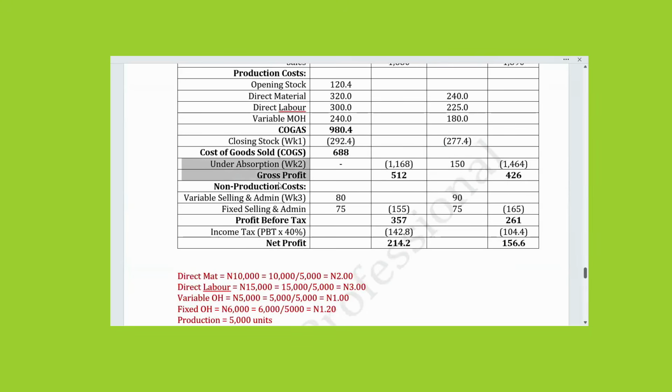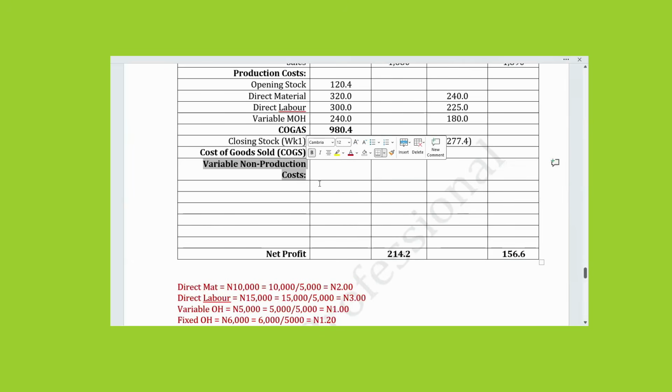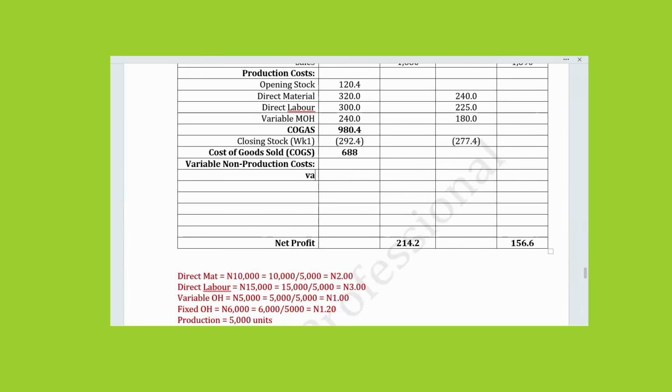Now, every other thing here will not work again. So we have to recalculate it. Immediately after our cost of goods sold using marginal costing approach, what do you consider? Variable non-production costs. In the question, we only have one variable non-production cost, which is variable selling and admin expenses.